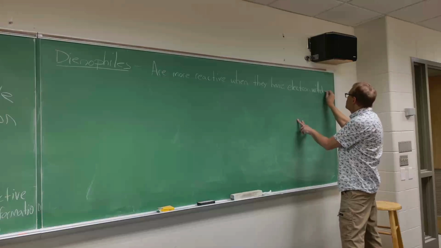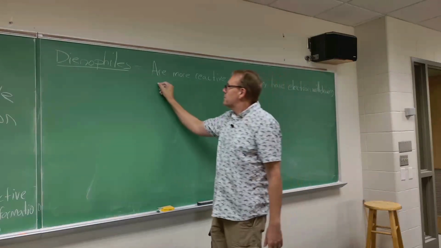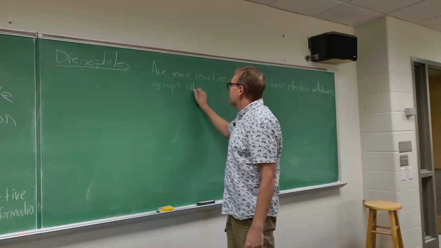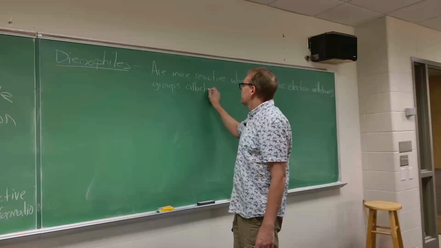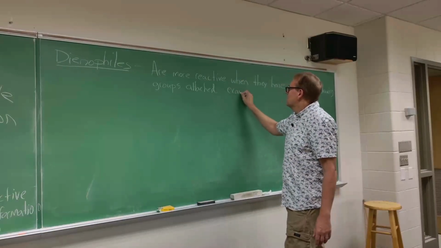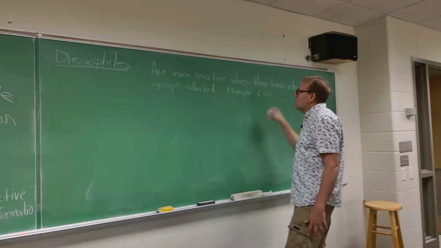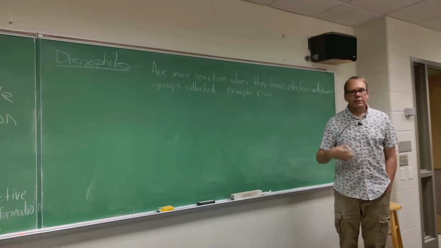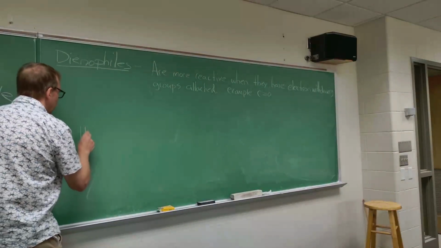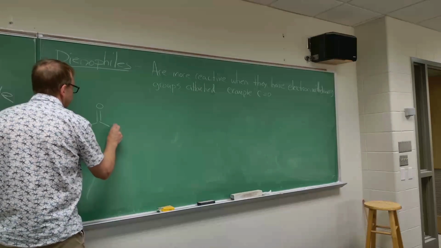For example, C double bond O. C double bond O isn't the only example, but it's a real common one. So here's an example of how CO containing groups affect reactivity.